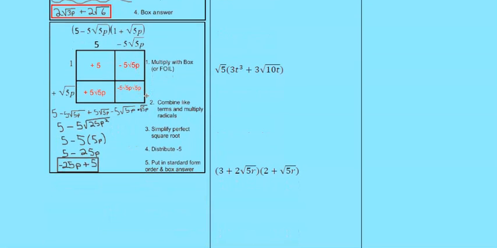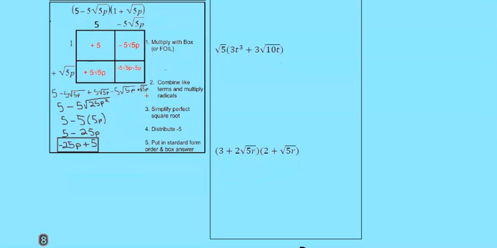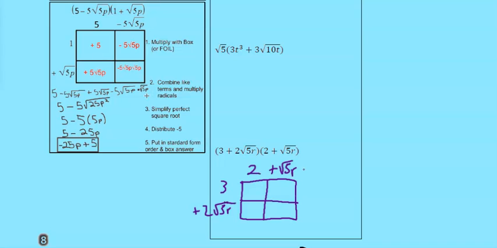So let's do the last one. 3 plus 2 square root 5r times 2 plus square root 5r. So we want to do a box for this. So we have 3 plus 2 square root 5r on the side and 2 plus square root 5r on the top.